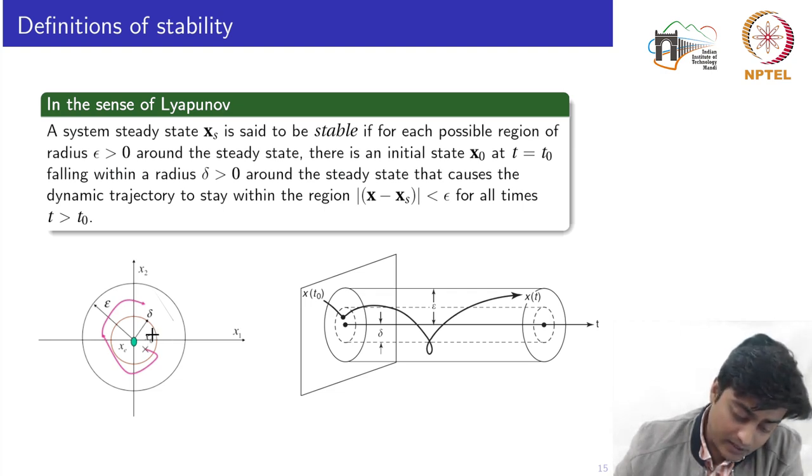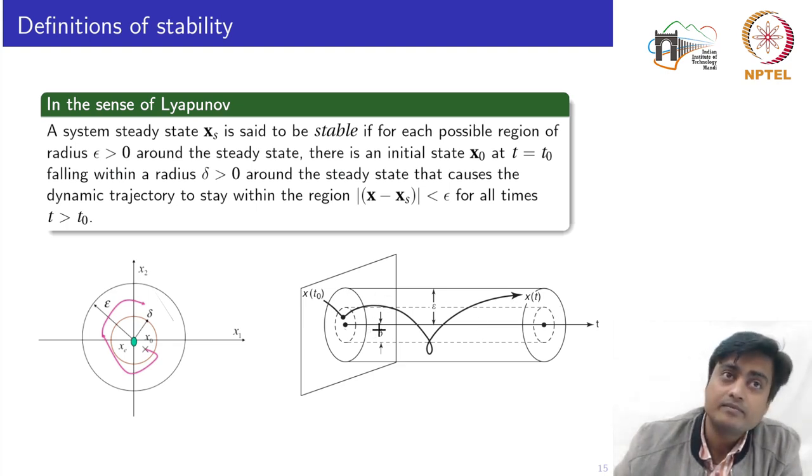Now, if you are wondering, the time axis is perpendicular to this plane. The cross-sectional view is given here, where you are initializing at x t naught inside this inner circle. But for the whole motion, that is t tending to infinity, this trajectory would never leave the outer cylinder of radius epsilon.